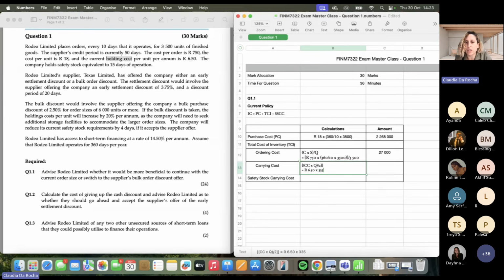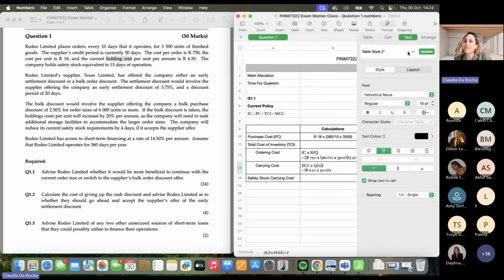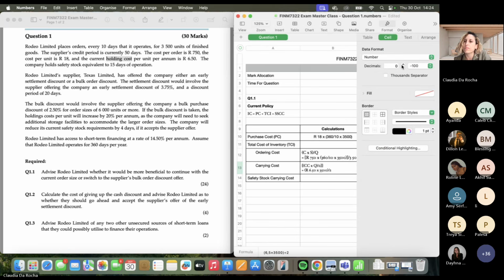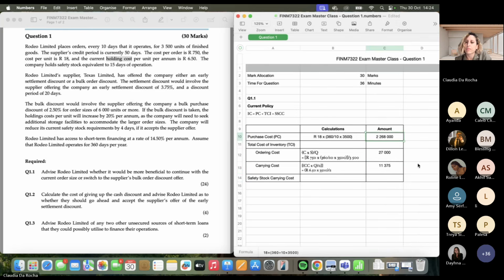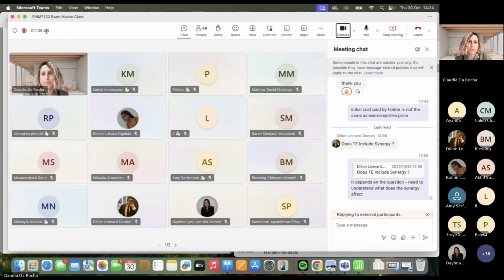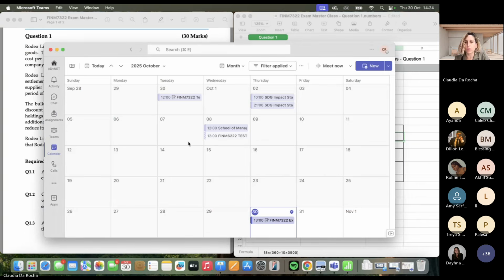The quantity here is 3,500. Remember when I'm saying quantity, I'm talking about order quantity, and I divide by 2. And I get 11,375.